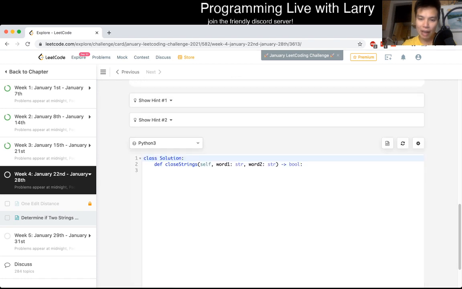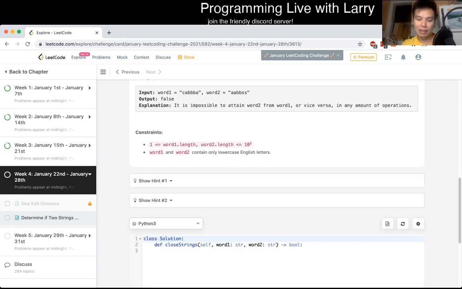So the way that I would do it, and this is me trying to competitive program it, is you have a collections.Counter from word one, and then you could take the values of this and either sort it or put it in another hash table, but it's fine.